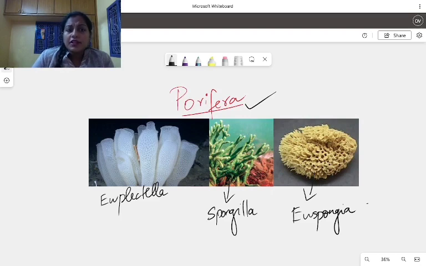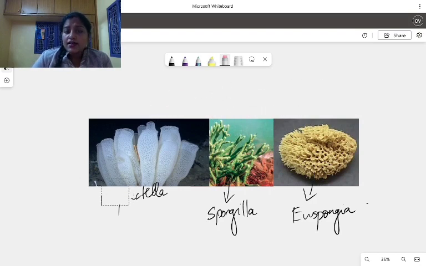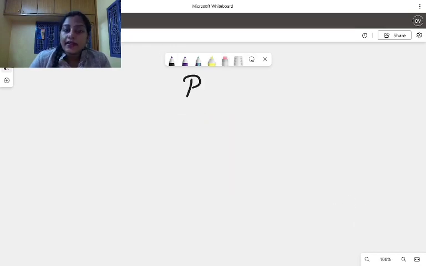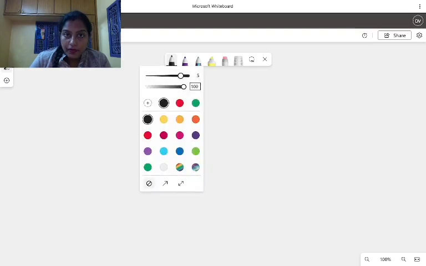But before beginning, children, we have to understand what is Porifera. So let us do it. What I'm planning now is, let me just give you some general characteristics and typical characteristics so that you will find it easy. General characteristics of Porifera.